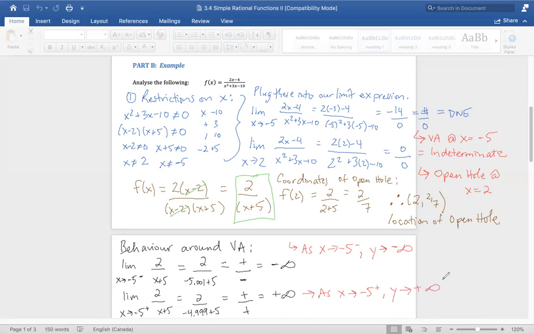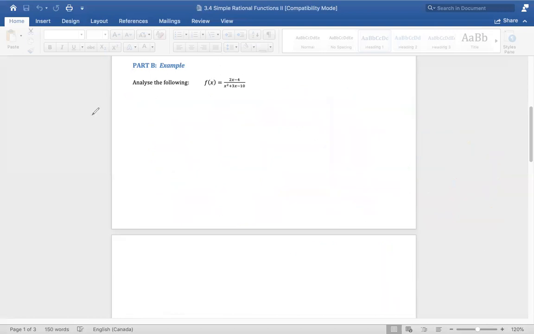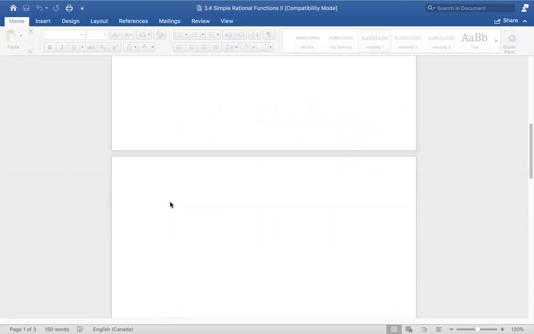So again, just get that down or screenshot that quickly so that we can start talking about, we've done our vertical asymptote, we figured out what's happening around the vertical asymptote. Now let's move into figuring out if we have a horizontal asymptote, and we're going to look at end behaviors to get those y restrictions.